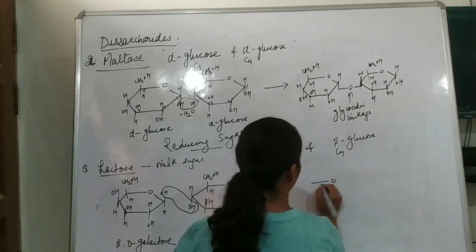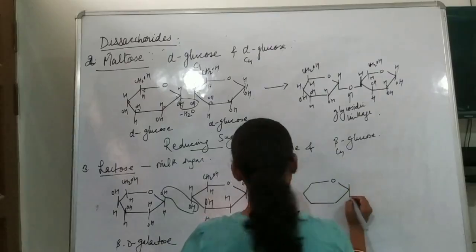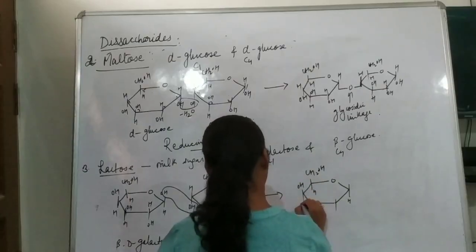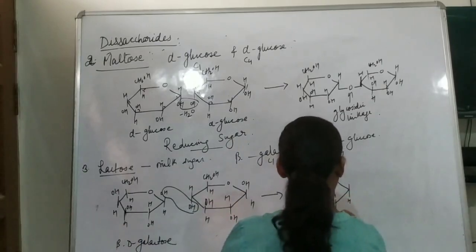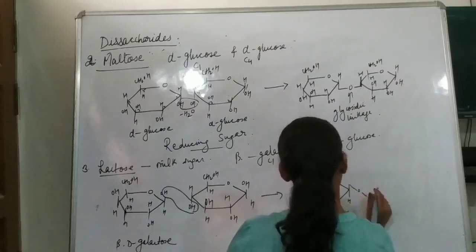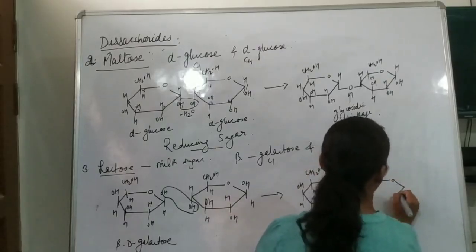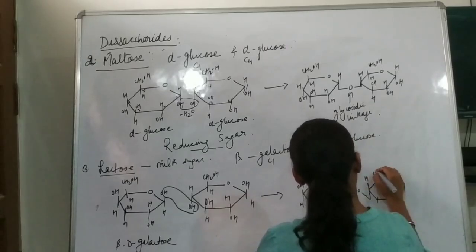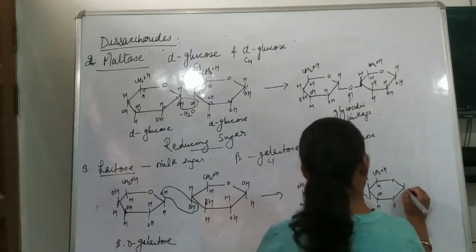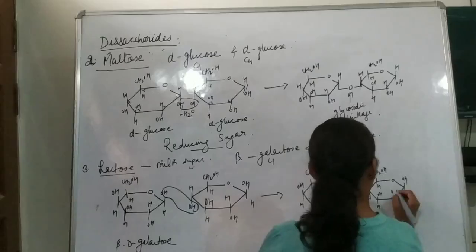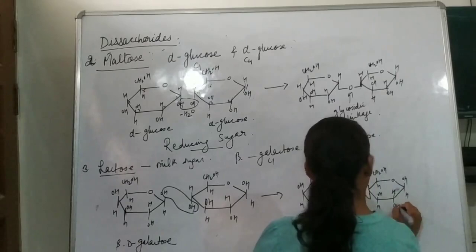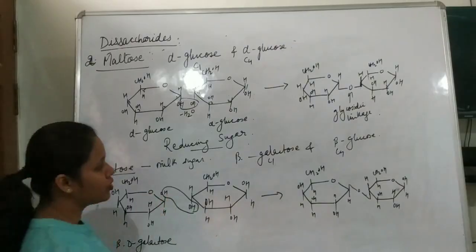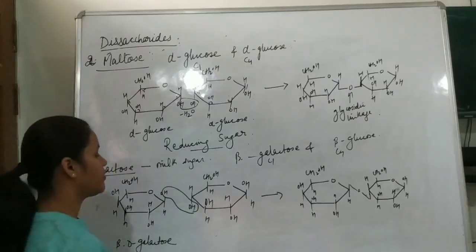What will we get? In this case also we can see that the aldehyde group of glucose is free, that is why it is also a reducing sugar.